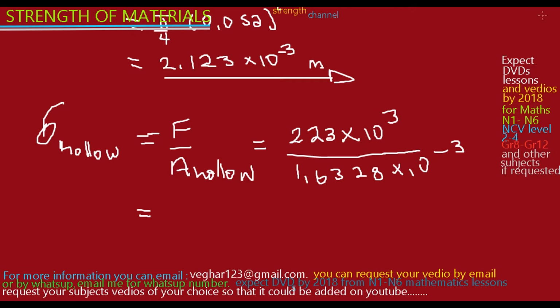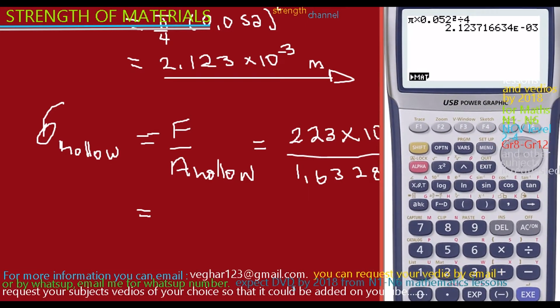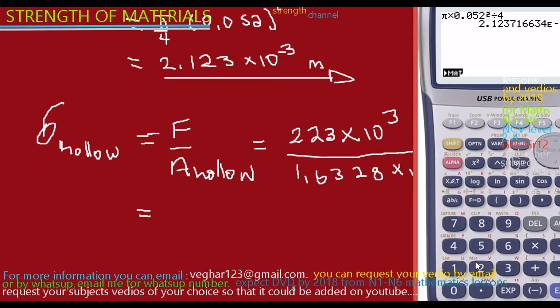So from this point, you'll divide: 223 exp 3 divided by 1.6328 exp negative 3.